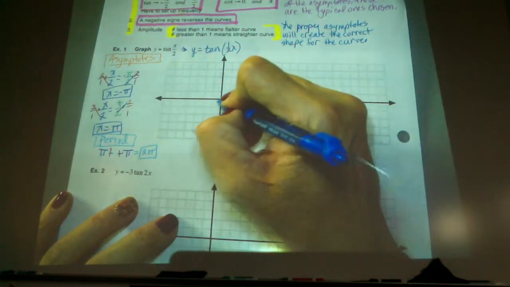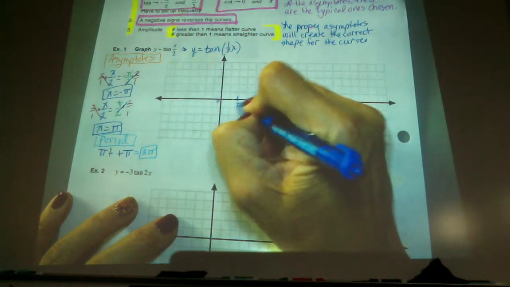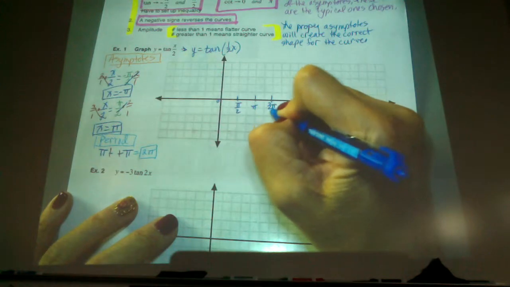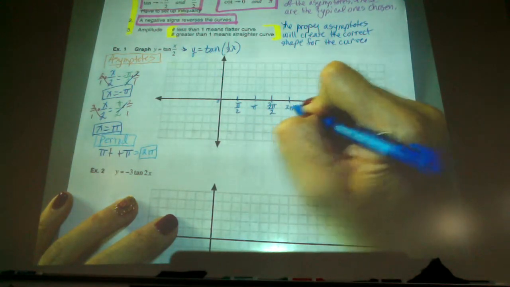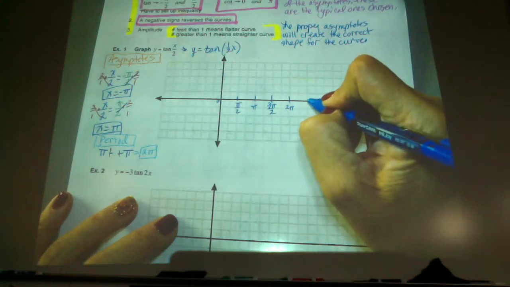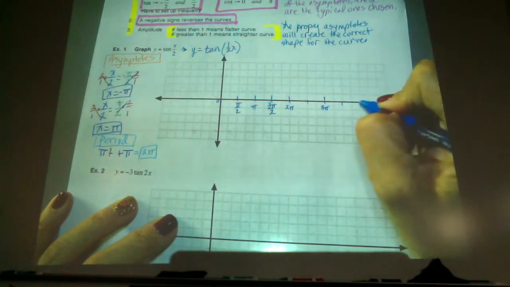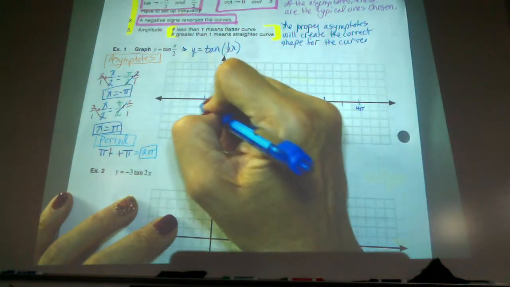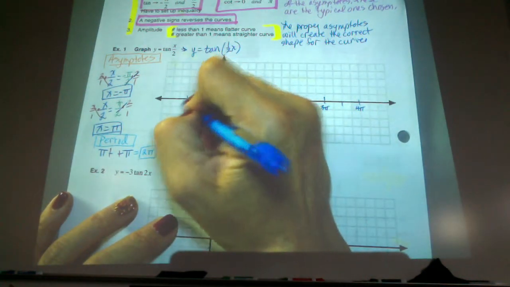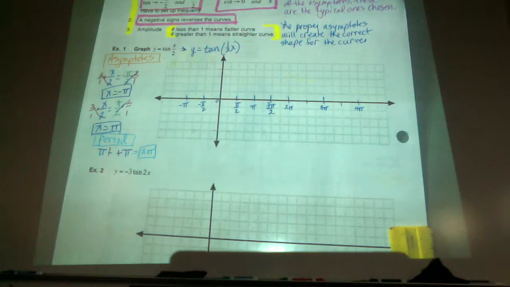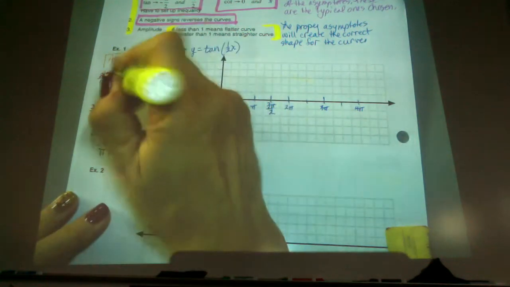So this is 0. Here's your pi over 2, pi, 3 pi over 2, and 2 pi. And then every other increment. So where did I get these from?